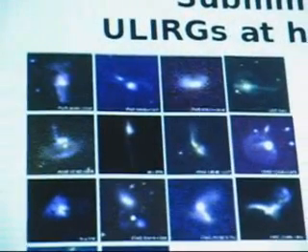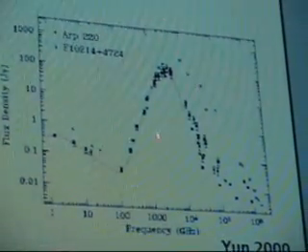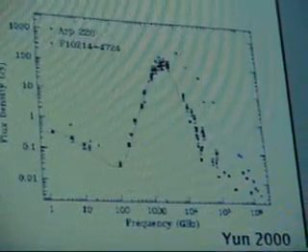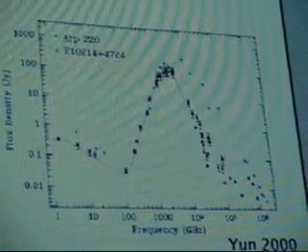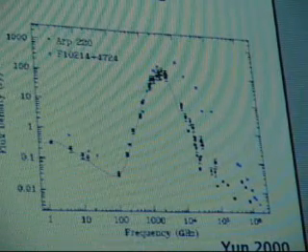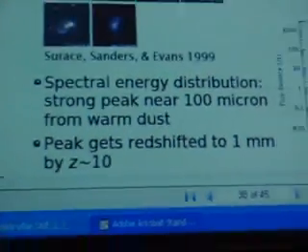If you look at the spectrum of this thing, you find that there's a very big peak out here at about a wavelength of 100 microns, corresponding to the peak of the black body spectrum for gas at, say, 30 degrees or something like that temperature, which is more or less what you see.